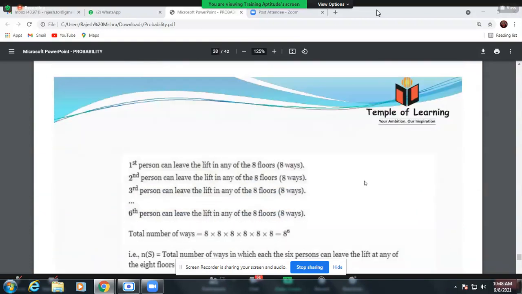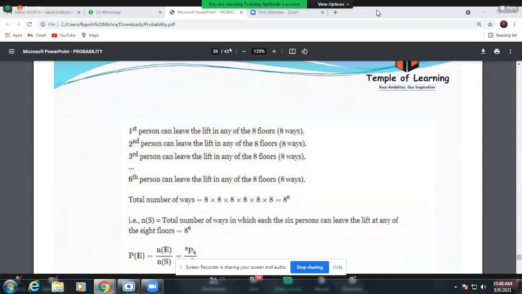Students, are you getting the logic here? Please ask me, use your chat box, use your microphone, unmute yourself, ask as many questions as possible. I'll be able to explain it to you logically. And this is what we've done in the slide also. We've explained in a detailed way the logic through which you have to solve this question.